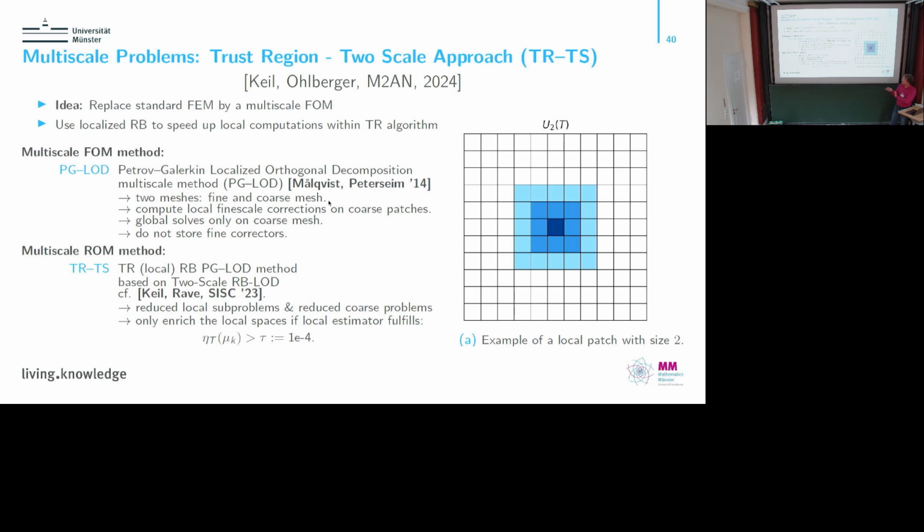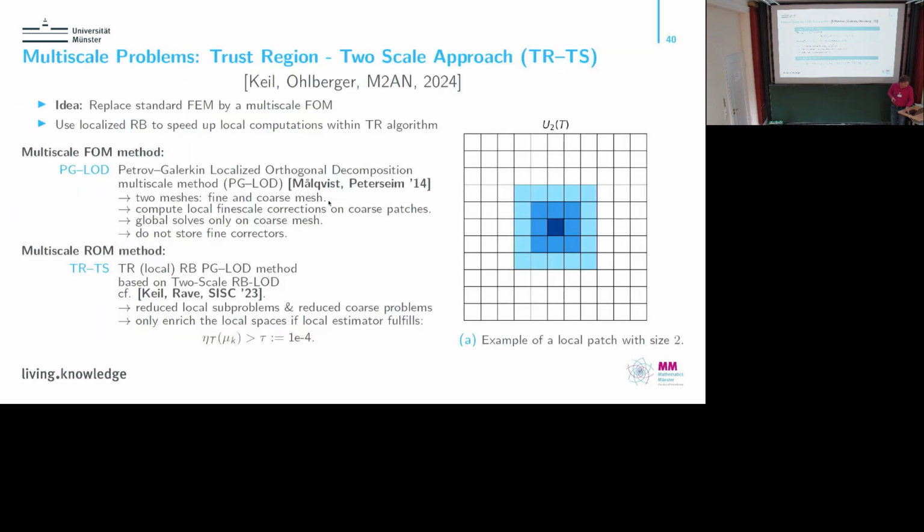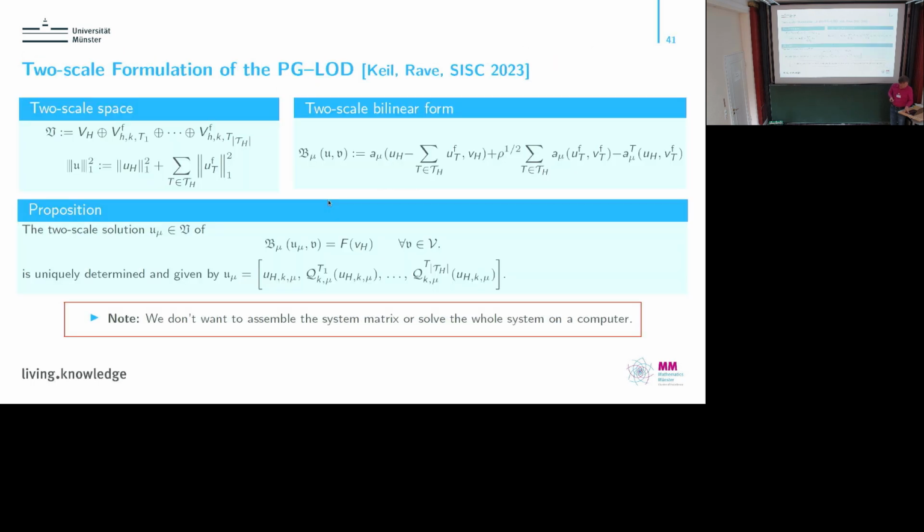And the essential part is that we now frame the LOD a little bit differently and come up with a two-scale variational formulation of this problem. In the sense of our abstract framework that I showed you before, we want to come up with one single space that has a decomposition.